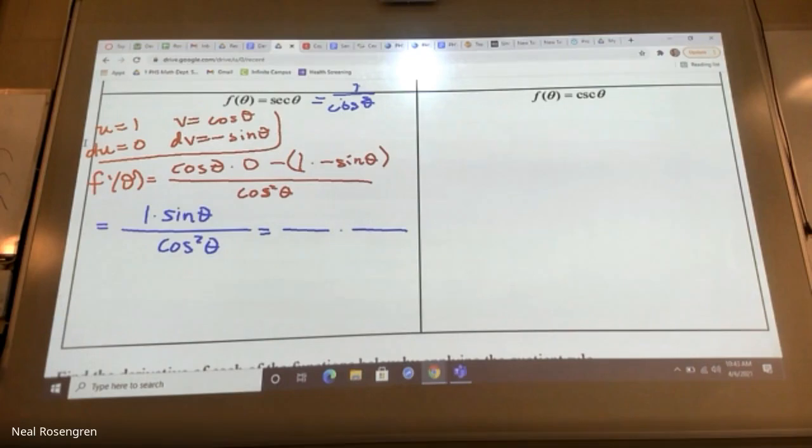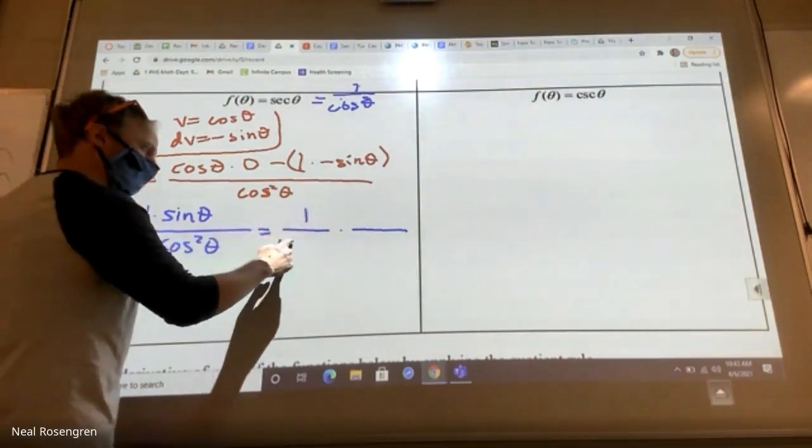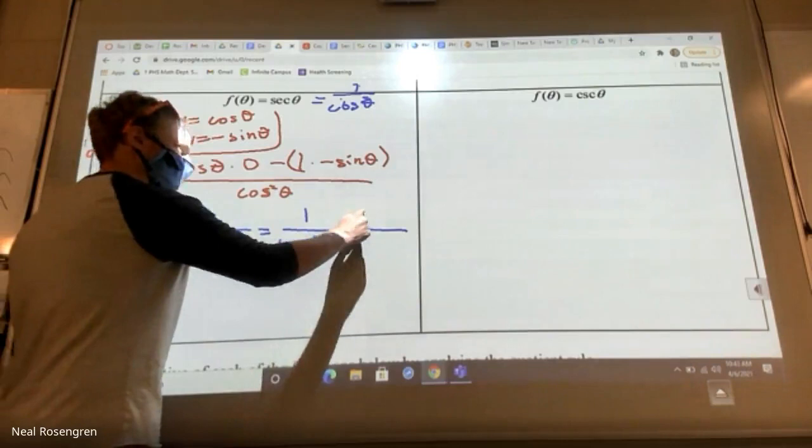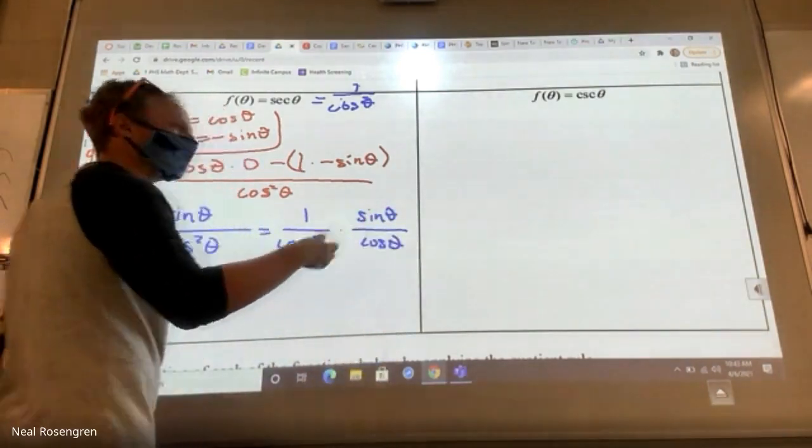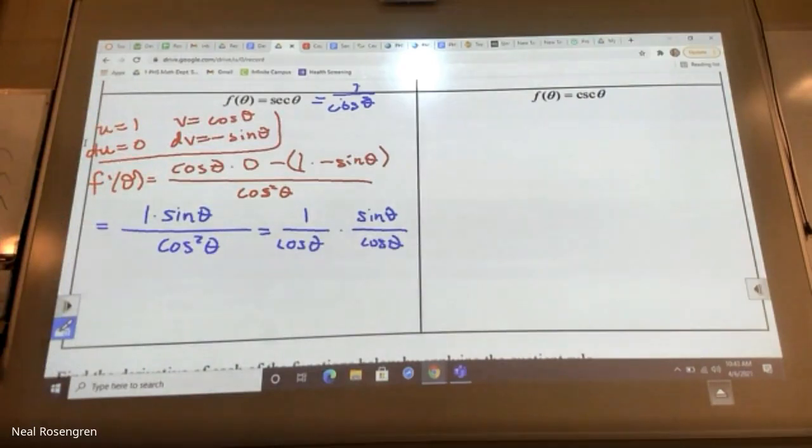I don't have any addition or subtraction here, so I have to break it apart using multiplication. I'm going to put the 1 first because that's my leading coefficient. So I'm going to do 1 over cosine and then sine over cosine. Because at least now I don't have to deal with squares.